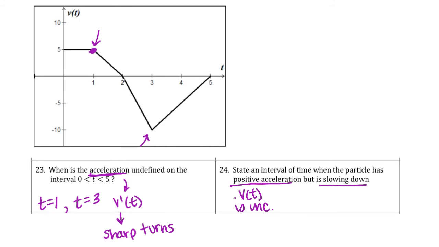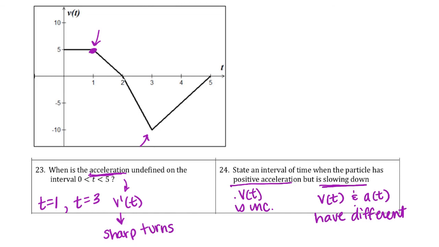So here, slowing down, that means that v at t and a at t have different signs. So we already know what we want v at t to have. A at t we want to be positive.